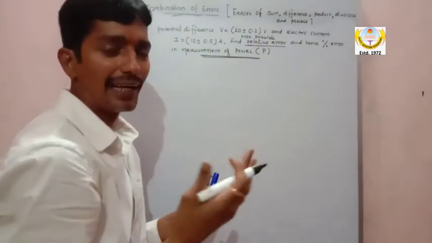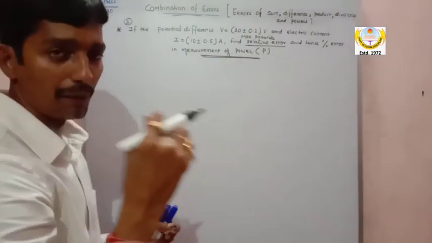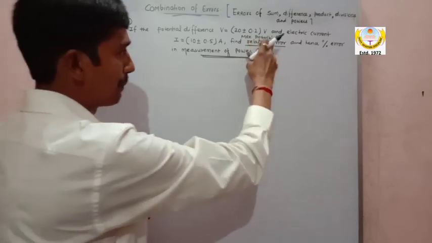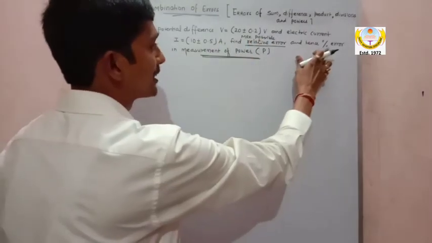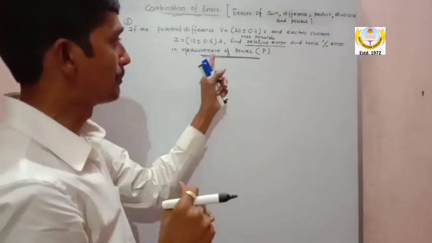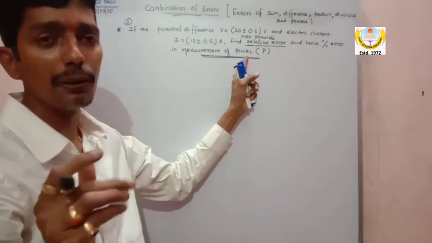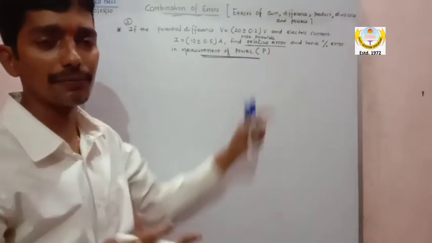Now I am saying relative error is the question here because, look at the formula, you all know. So find the maximum possible relative error and hence percentage error. You have to find two things, a maximum possible relative error and percentage error in the measurement of power.